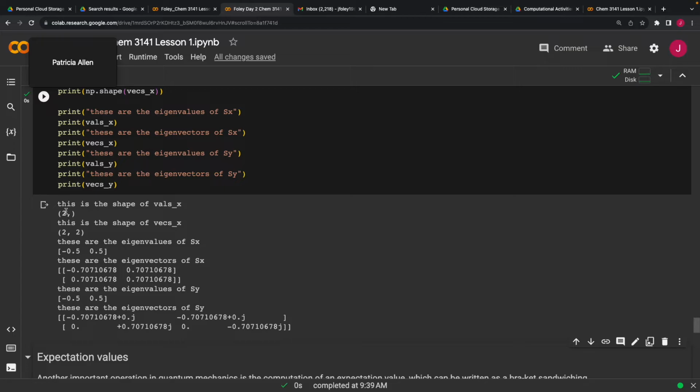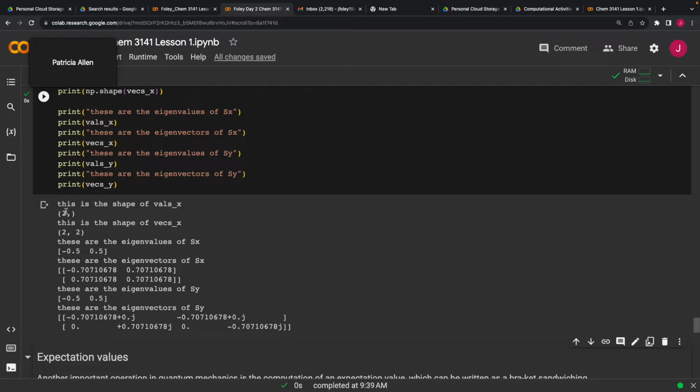So the possible outcomes of measuring Sx are plus and minus 1/2 h bar. The possible values of measuring Sy are plus 1/2 and minus 1/2 h bar. And the outcomes of measuring Sz, as we already saw in lecture, are plus 1/2 h bar and minus 1/2 h bar. So each observable of spin has the same range of possible outcomes. But the eigenvectors are all different.